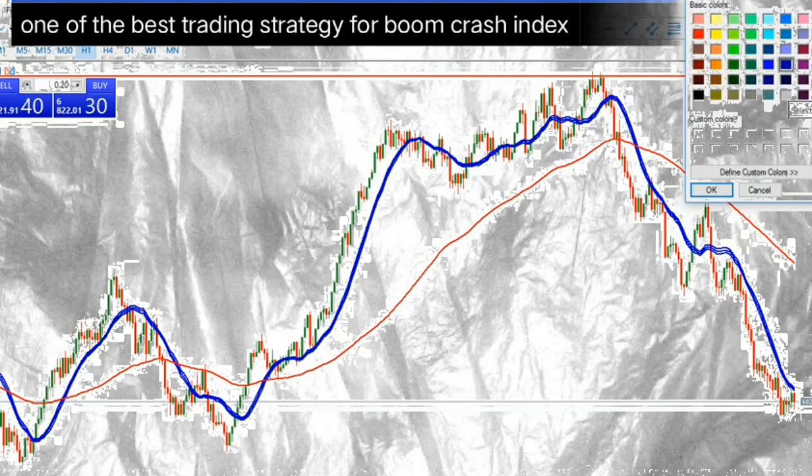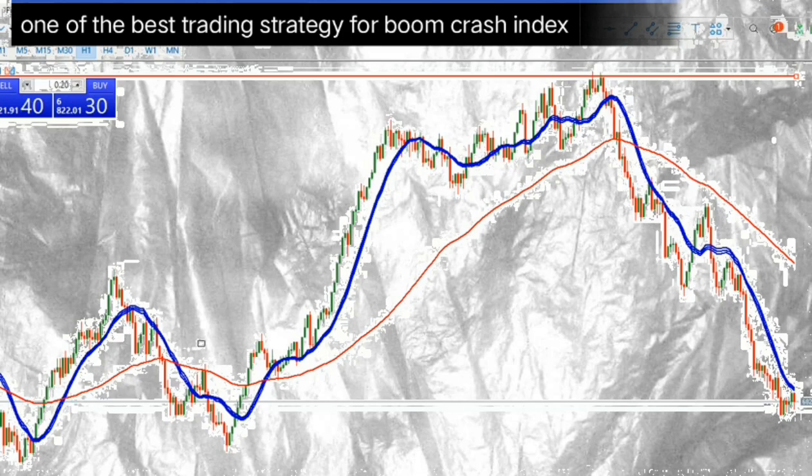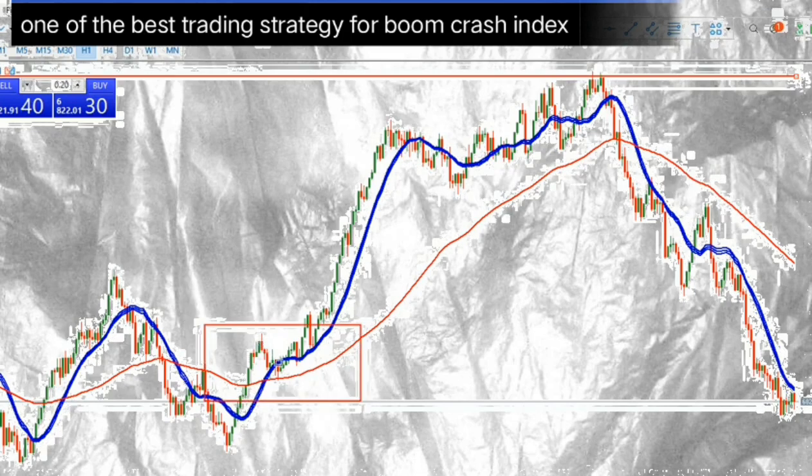Once you notice that this thing has crossed from this direction, from below like this, you have a greater opportunity of doing your scalping.